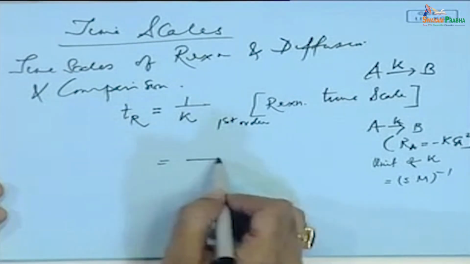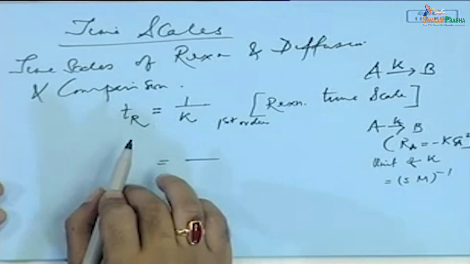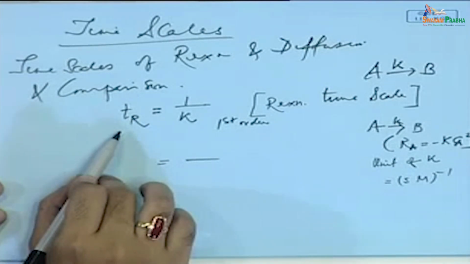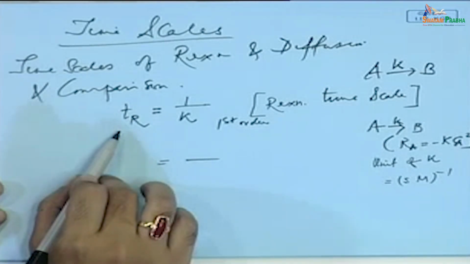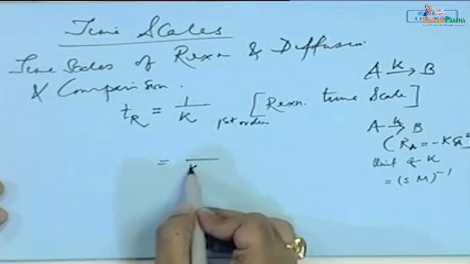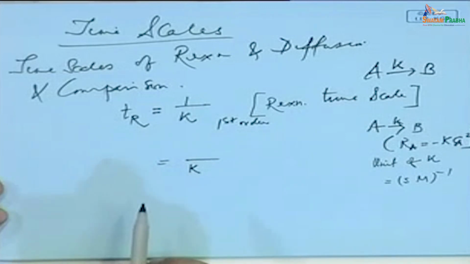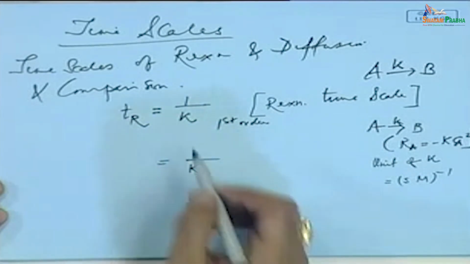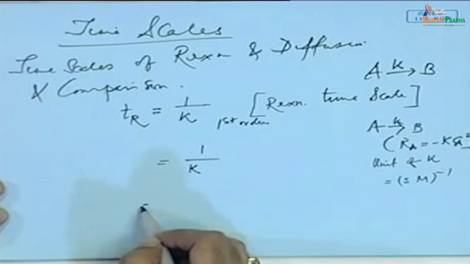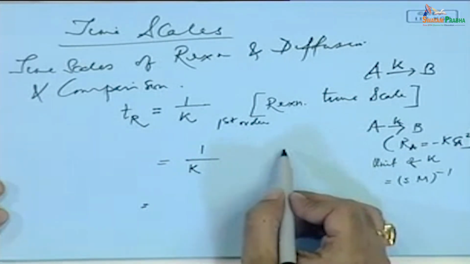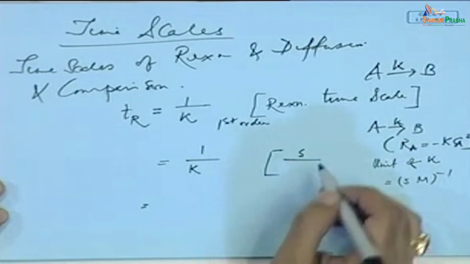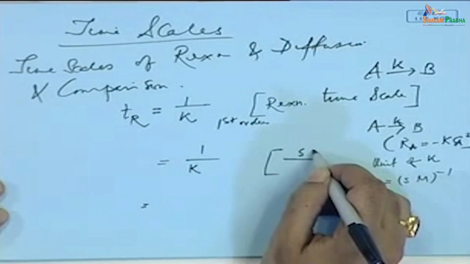So, basically, one of the things you have figured out is that when you try to figure out what the reaction time is, the rate constant should be a part of it. So, if this is k, the unit is second inverse times molar inverse.